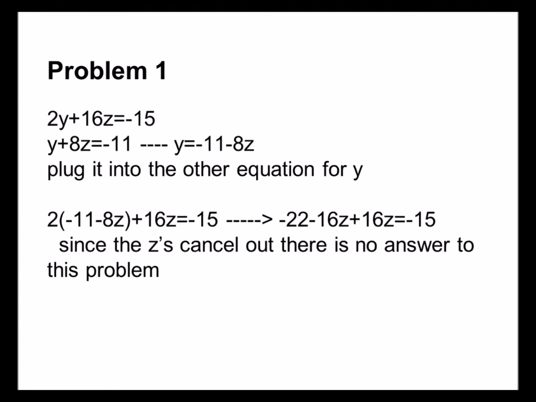Then you plug that into the other equation for y. So instead of it being 2y, you would do 2 times negative 11 minus 8z plus 16z equals negative 15. When you plug that in, you'll end up with negative 22 minus 16z plus 16z equals negative 15. Since the z's cancel out, then you know that there's no answer for this problem.